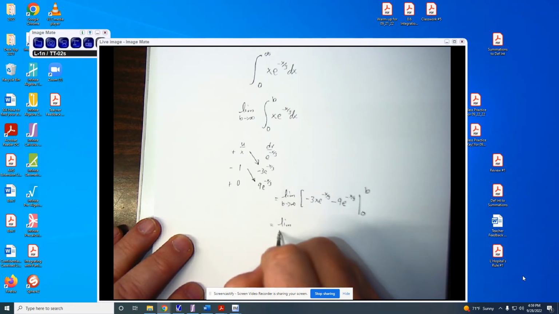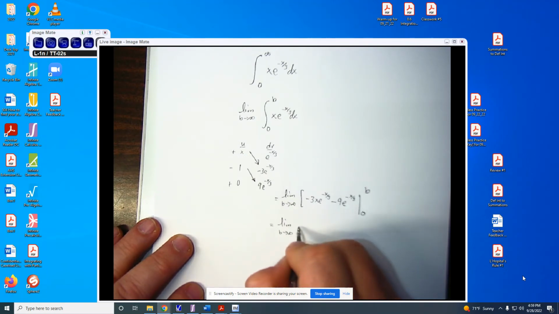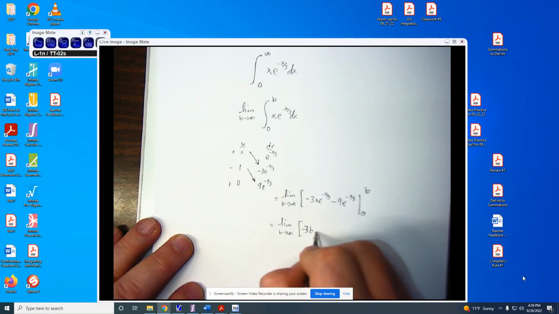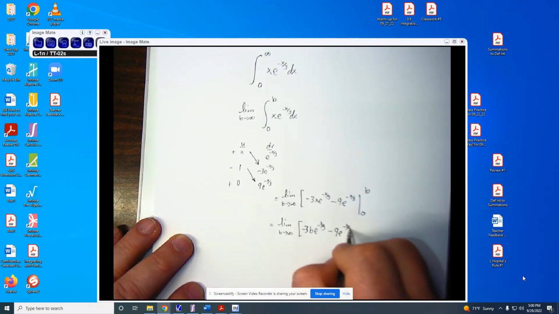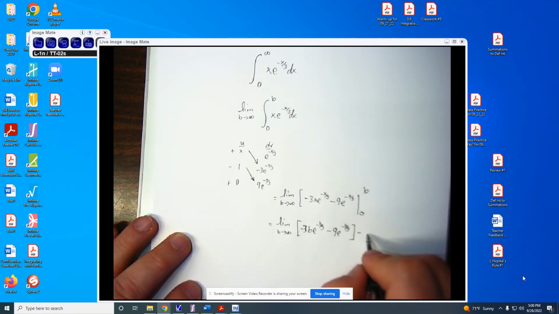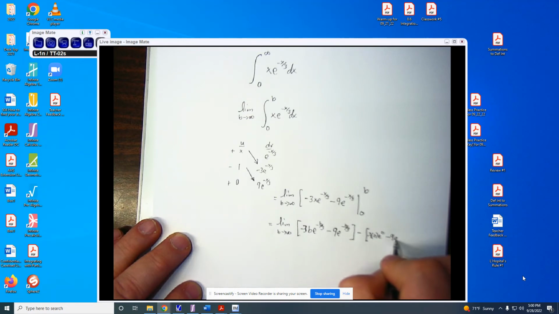The limit as b approaches infinity, and I'm looking at negative 3b e to the negative b over 3 power minus 9 e to the negative b over 3 power, and then I'm subtracting negative 3 times 0, e to the 0 minus 9 e to the 0 power.